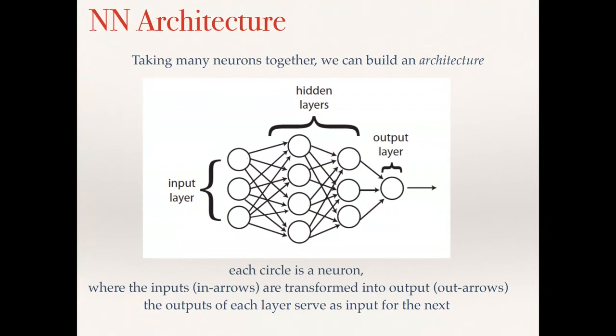These are neural networks where the neurons of every layer connect to every neuron of the next layer, and are called fully connected neural networks. Okay. Each circle here is a neuron. The in arrows are transformed into output. So this information is processed by a neuron and produces an output, which then is the input for the next neuron.